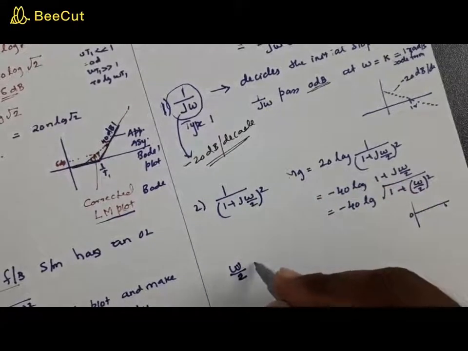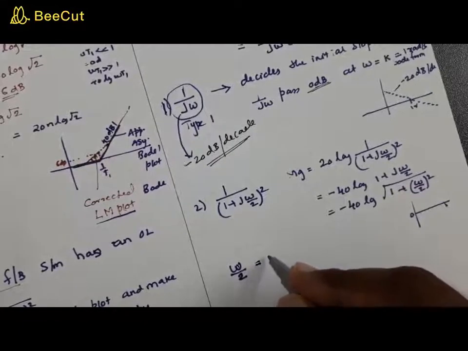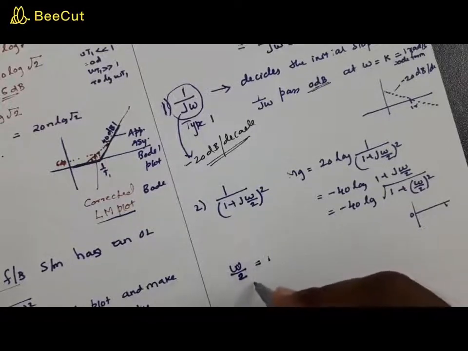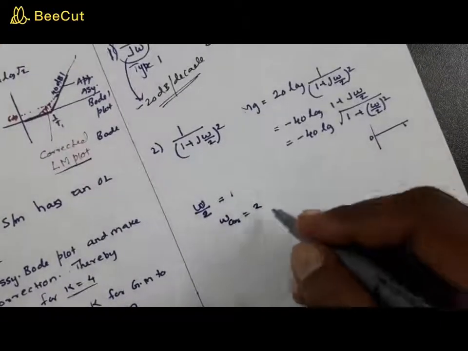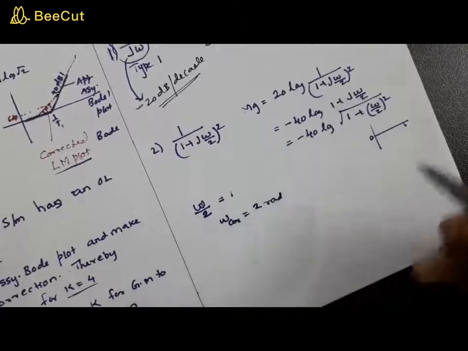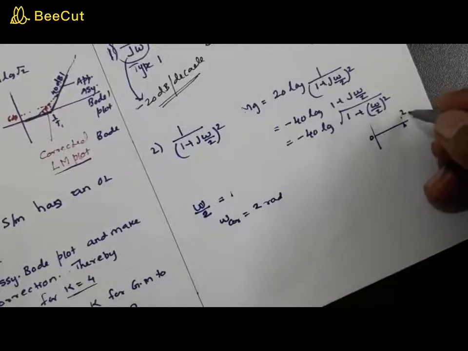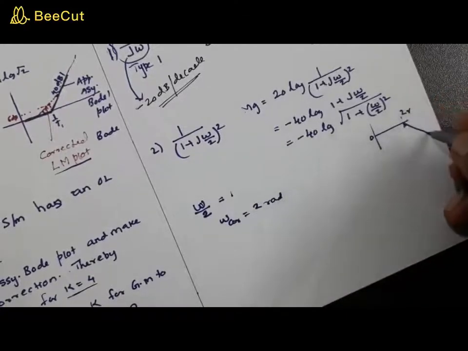So this is equal to 1, or the corner frequency becomes equal to, what is the corner frequency then? The corner frequency is going to be 2 radians per second. So what you understood is, at 2 radians per second, this will be falling at minus 40 dB per decade.